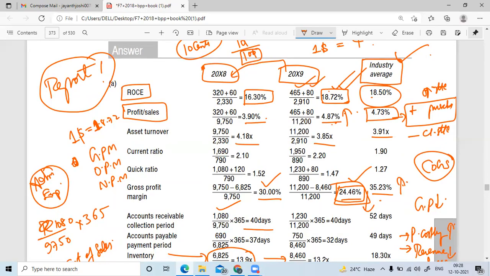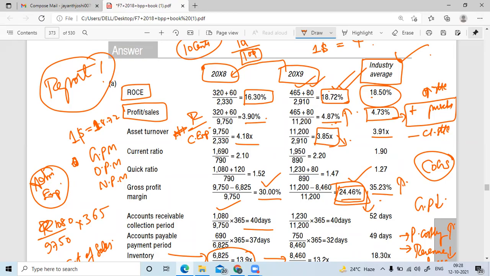The formula for asset turnover very clearly is net sales or revenues by capital employed. If this ratio has gone down in 2009, the reason can be the numerator should have declined.